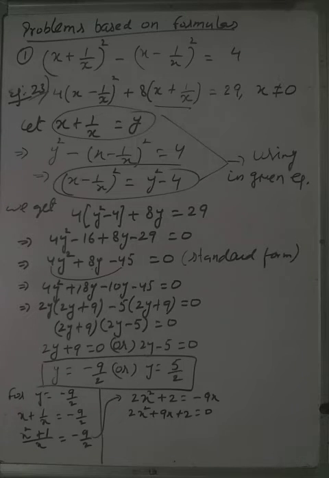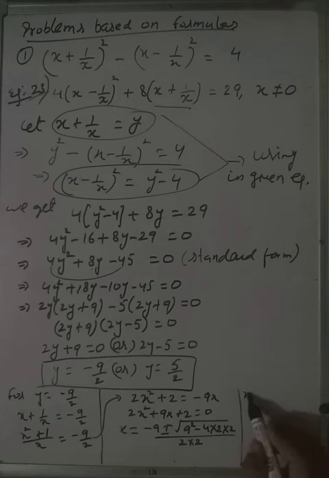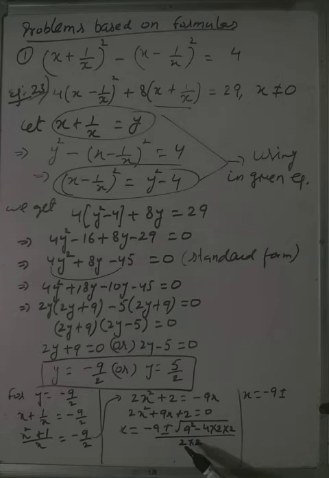So now we will have to use the quadratic formula. I am using x is equal to minus b plus minus root of b square minus 4ac over 2a. So this gives x is equal to minus 9 plus minus root of 9 square, which is 81, minus 4 2s are 8 and 8 2s are 16. So 81 minus 16 is 65.